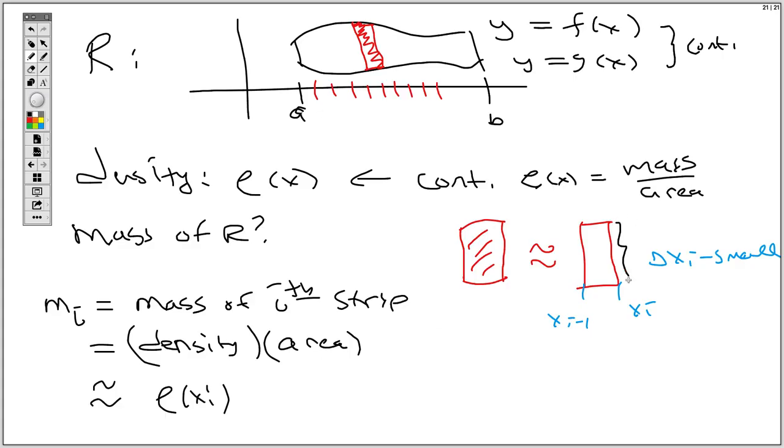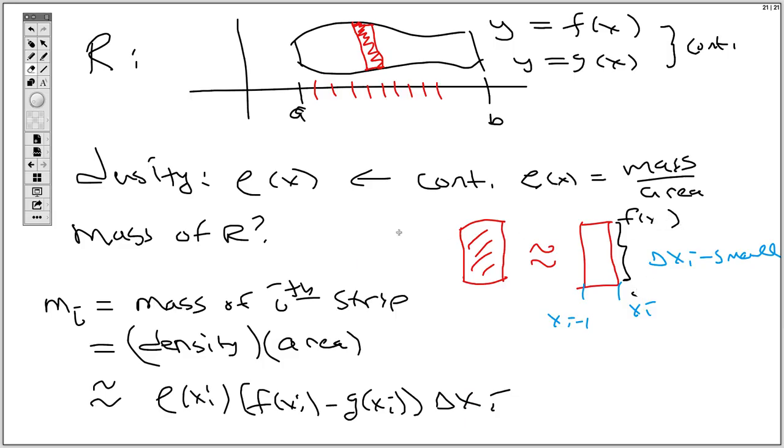Well, we know what the area of this strip is approximately going to be, the area of that rectangle. The area of that rectangle is the height times the width. The height would be f of xi minus g of xi times delta xi. Top of the rectangle is f of xi, bottom of the rectangle is g of xi.